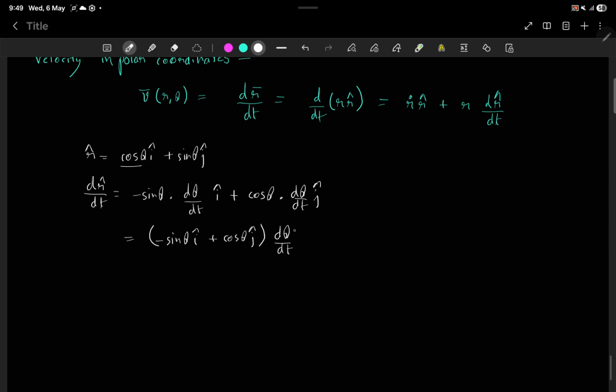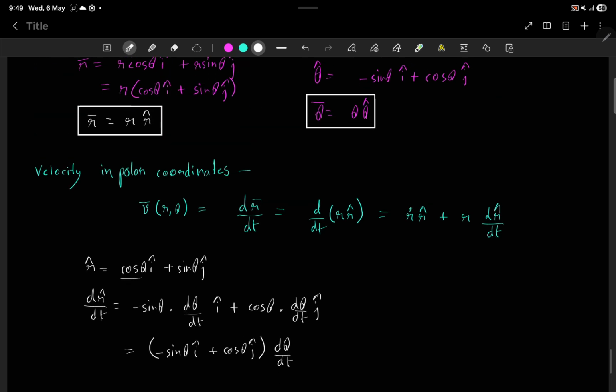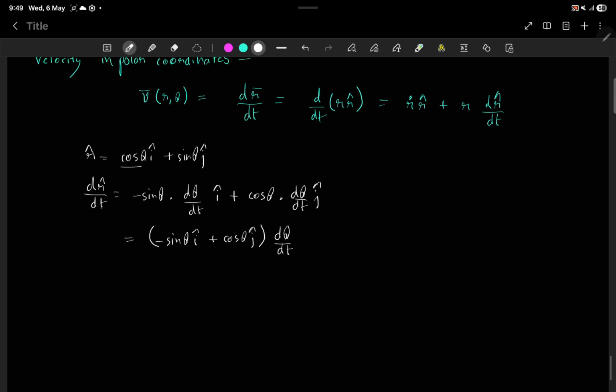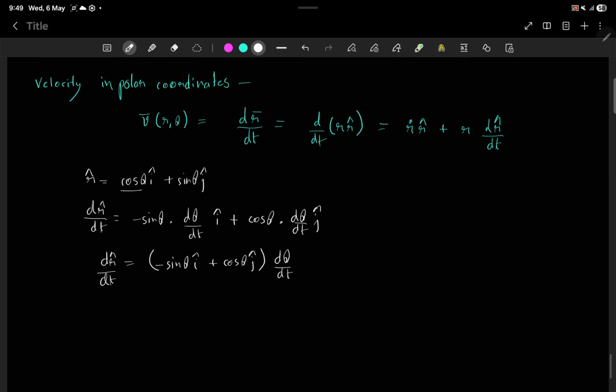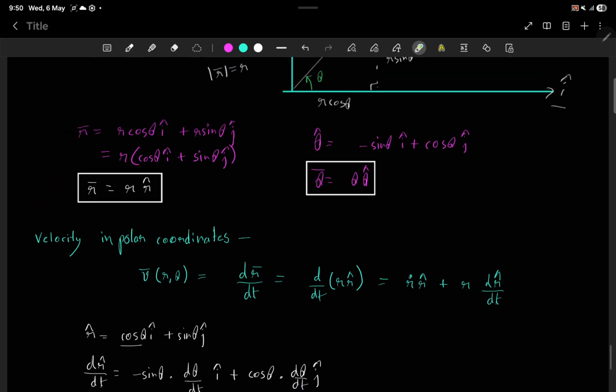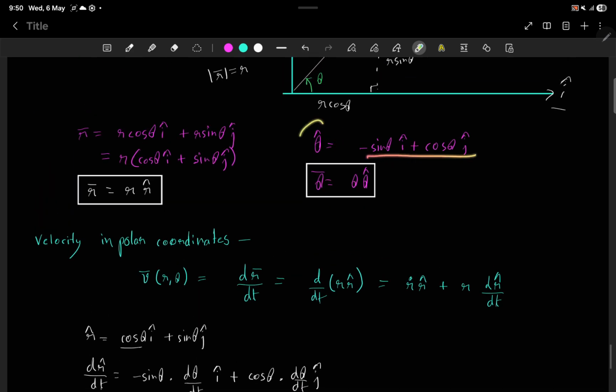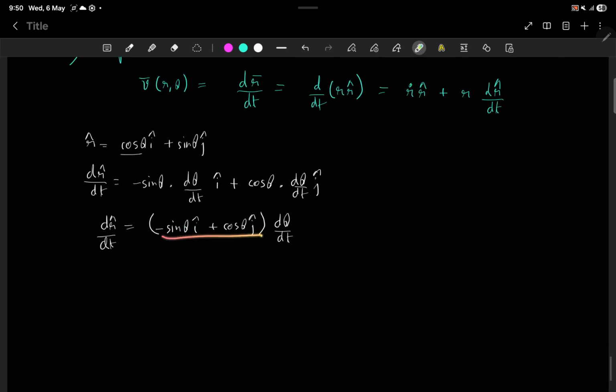Remember one thing, this theta is of magnitude. So I have dr cap by dt. Now a very important observation: you can see this expression, minus sin theta i cap plus cos theta j cap, is theta cap.